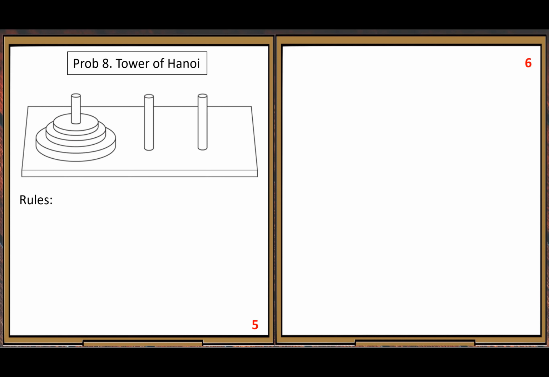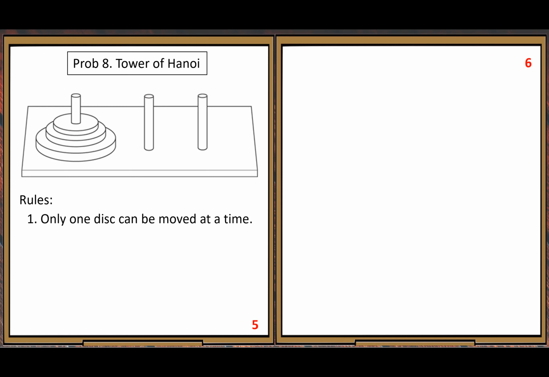All right. The rules first. Rule number 1, only one disk can be moved at a time. Every time just move one disk. Rule number 1, easy. Rule number 2, a disk cannot be placed on top of a smaller disk.